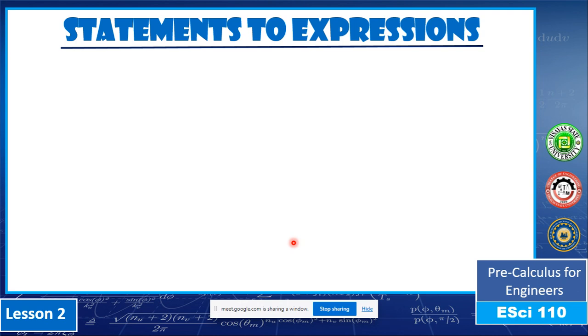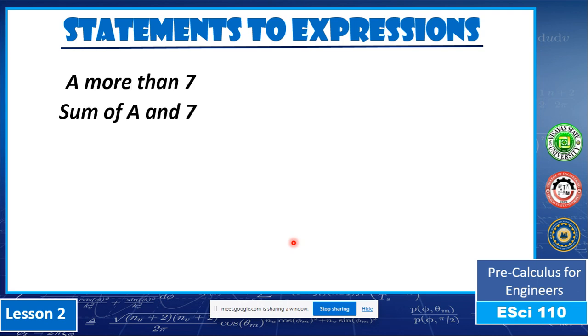So, let's jump to somewhat medyo critical or crucial na part. For example, consider these two statements. Actually, they are not the same. They're very different class. For example, if you are going to say A more than 7, it's a different thing if you're going to say sum of A and 7. Because when we talk about more than, you're going to write this way. Isusulat mo muna yung A, class, ha?